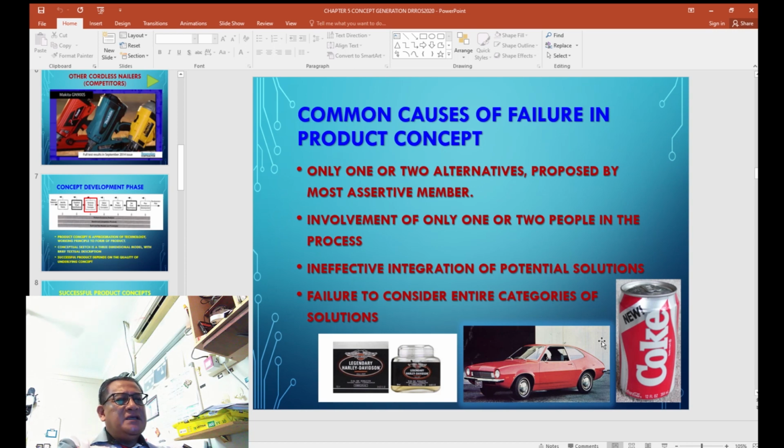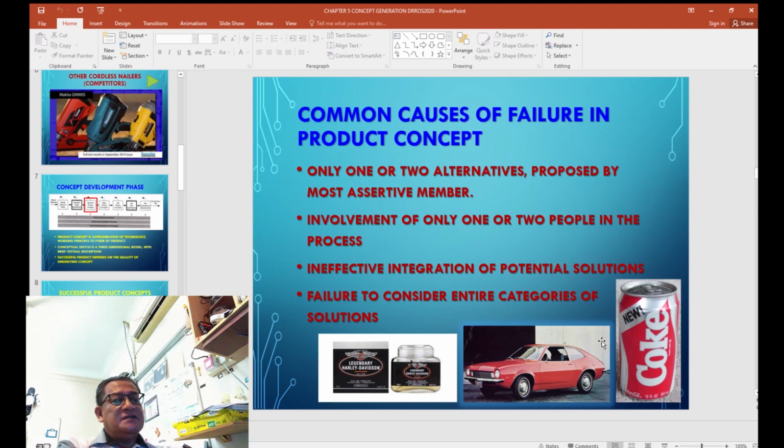Another failed product concept is the Ford Pinto. During the 1960s and 70s, the concept being emphasized was a car which uses less fuel, a fuel-saving car. As such, Ford, which was already highly known for developing big cars, suddenly tried to design the Ford Pinto as a smaller car.